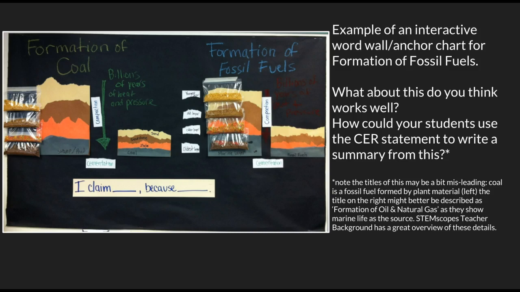It appears that really what they were trying to look at was showing how coal is formed, because I see it says swamp and peat, which is correct, versus oil and natural gas, which is formed in a marine environment. But they both have things in common, like the cementation you see down here. They both have compaction. They both have the layers here, youngest to oldest and so forth.